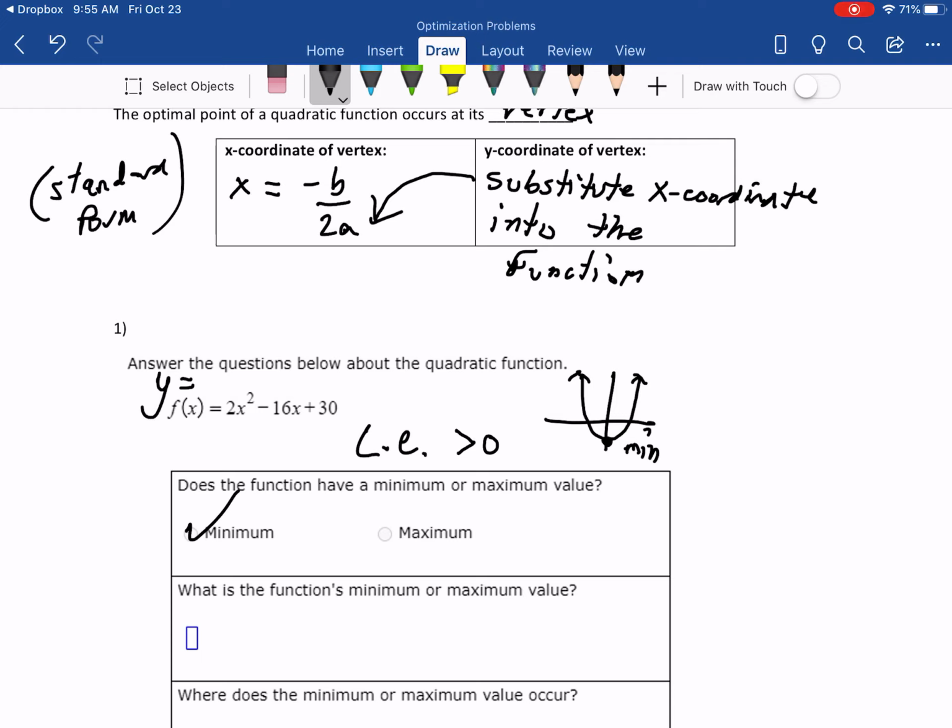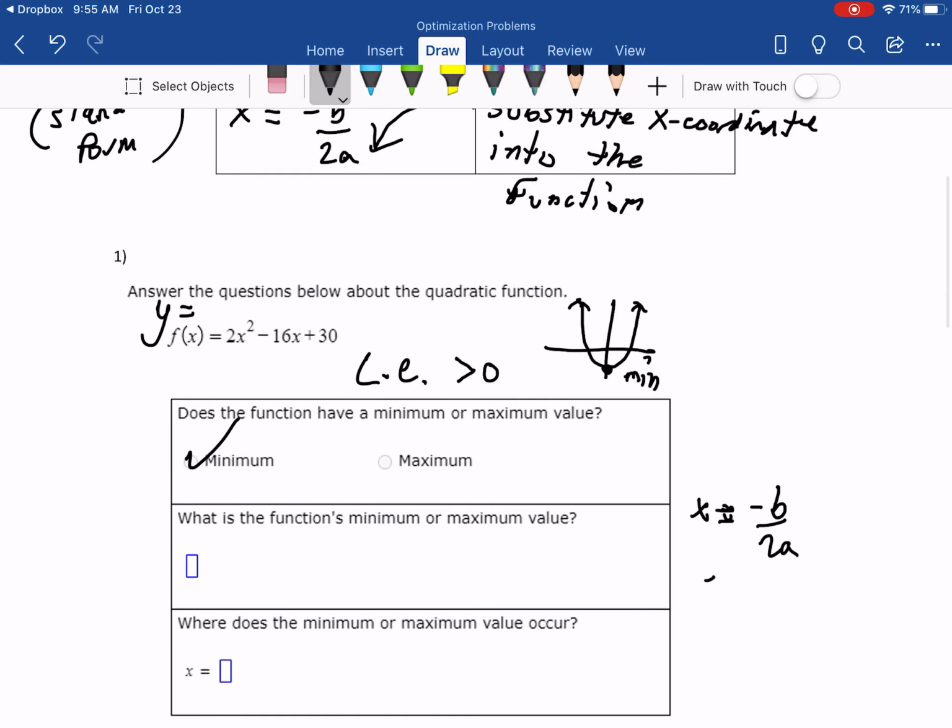What is the function's minimum or maximum value? So, it's essentially asking for the vertex. For the vertex, x equals negative b over 2a, which would be negative negative 16 over 2 times 2, which is 16 over 4, which is 4.